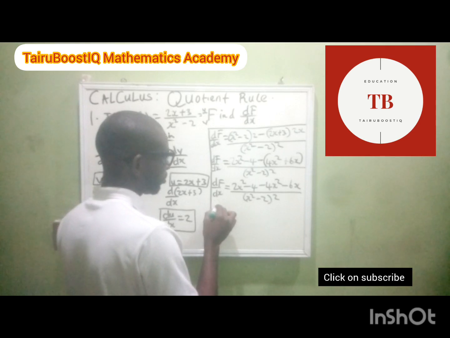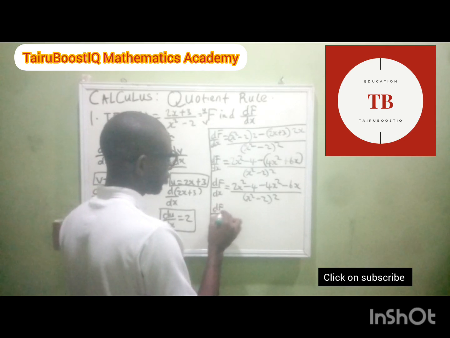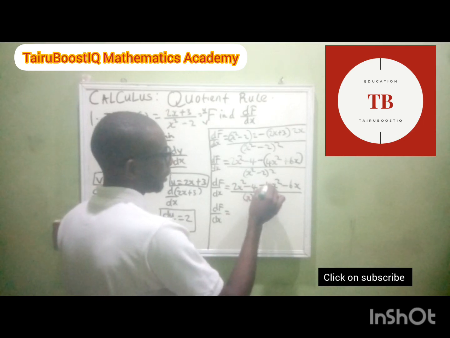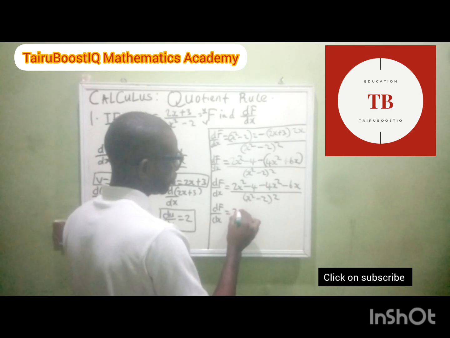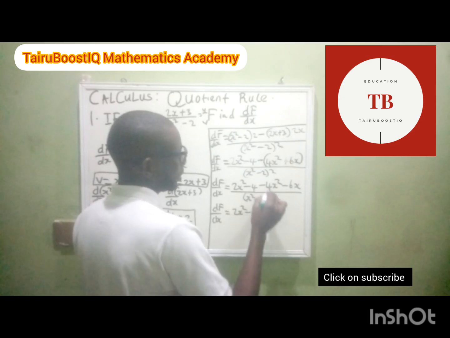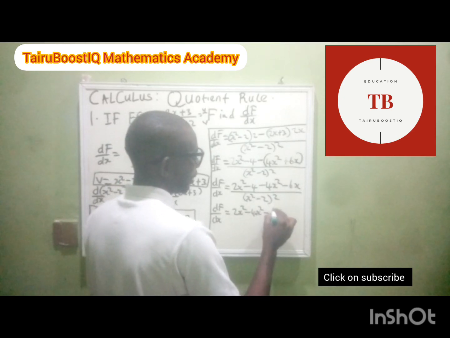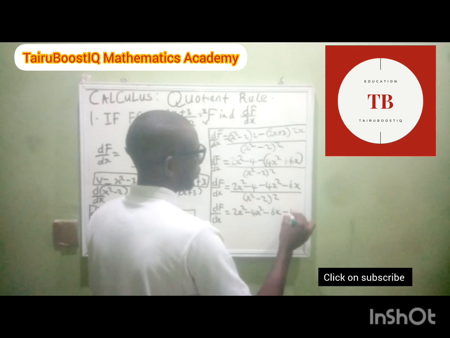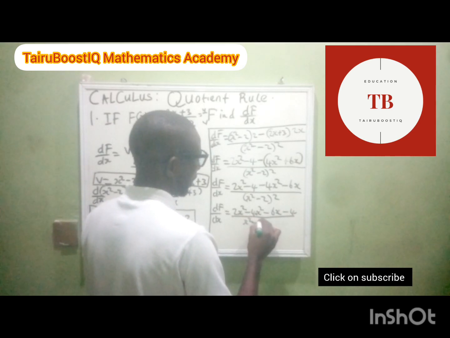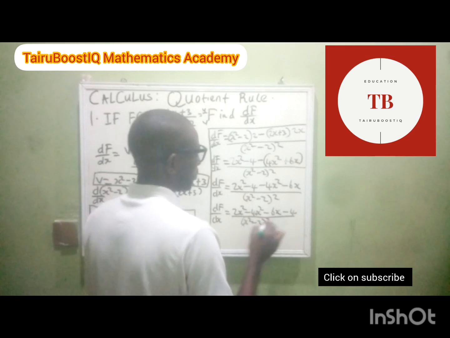At this point, we need to collect the like terms. You can see that we have two terms that have the same power, so we can rearrange it as 2x squared minus 4x squared, then minus 6x minus 4, all over x squared minus 2 all raised to power 2.